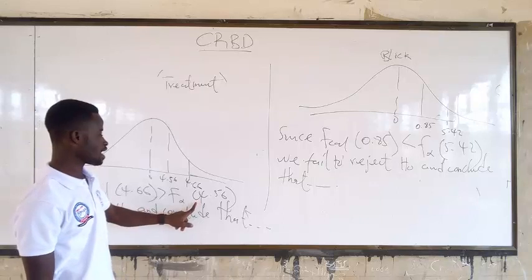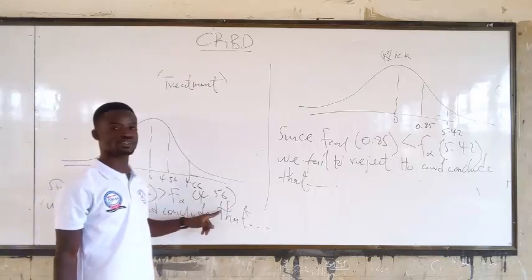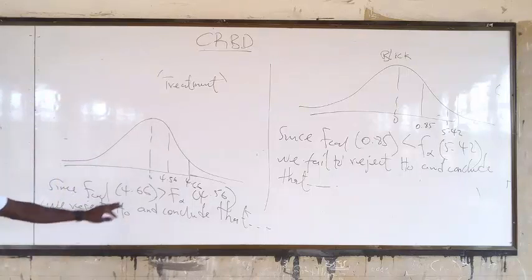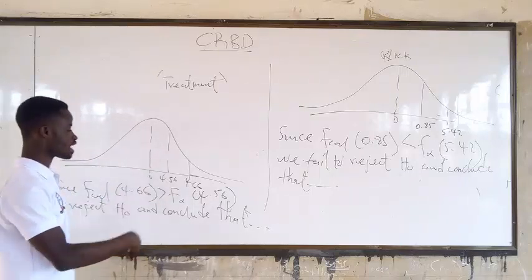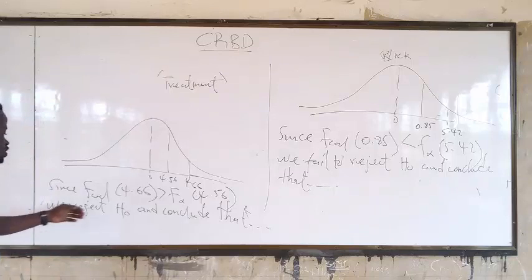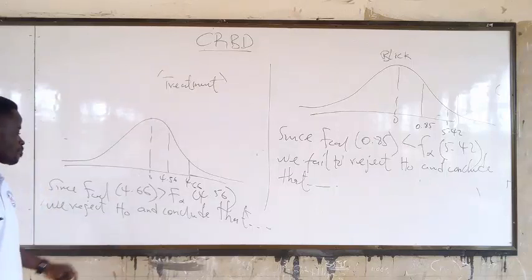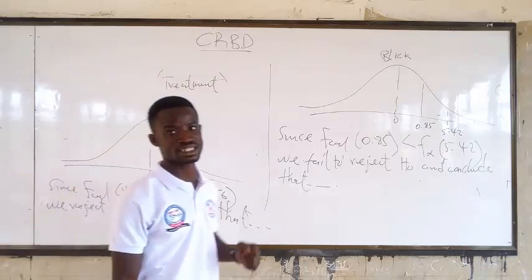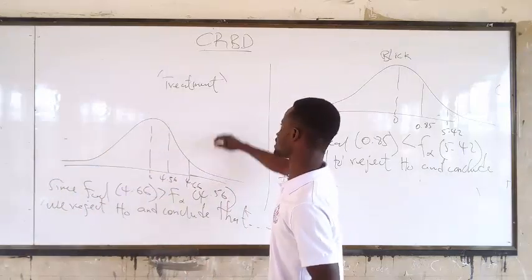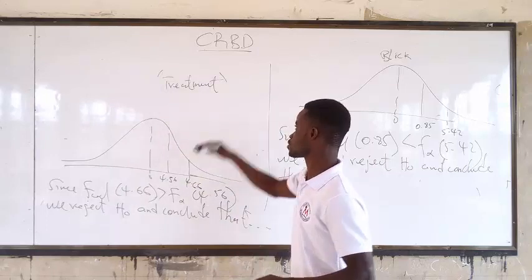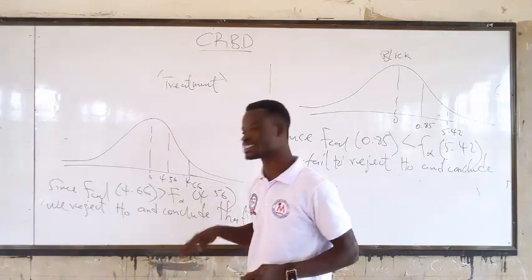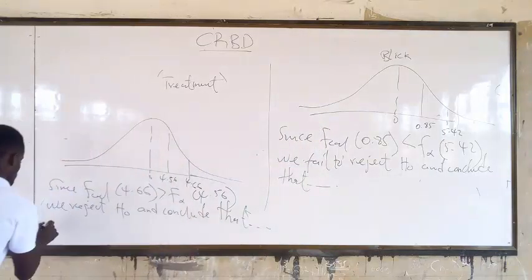The F critical is supposed to be 4.56, not 6. So since the F calculated is 4.66, which is greater than the F critical, we reject the null hypothesis and conclude that there is a difference in the means. Because in the treatment we use the mean to represent it, we conclude that there is a difference in the means.